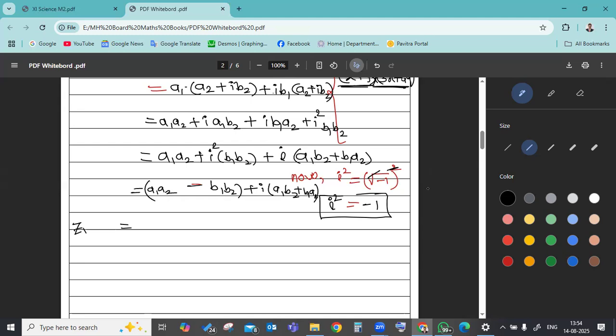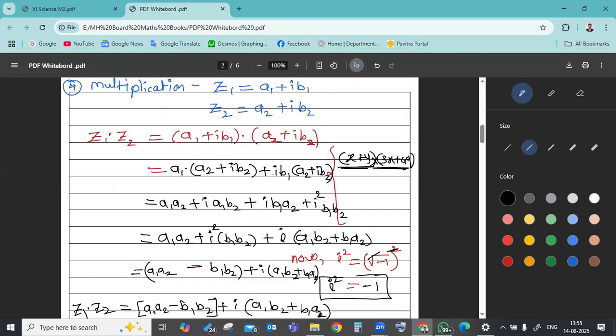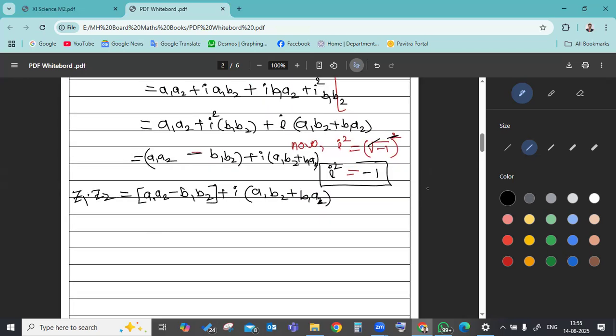Yes. So Z1 multiply Z2 is a1 a2 minus b1 b2 plus i times a1 b2 plus b1 a2. Right? Have you understood? Now you don't need to remember this formula.